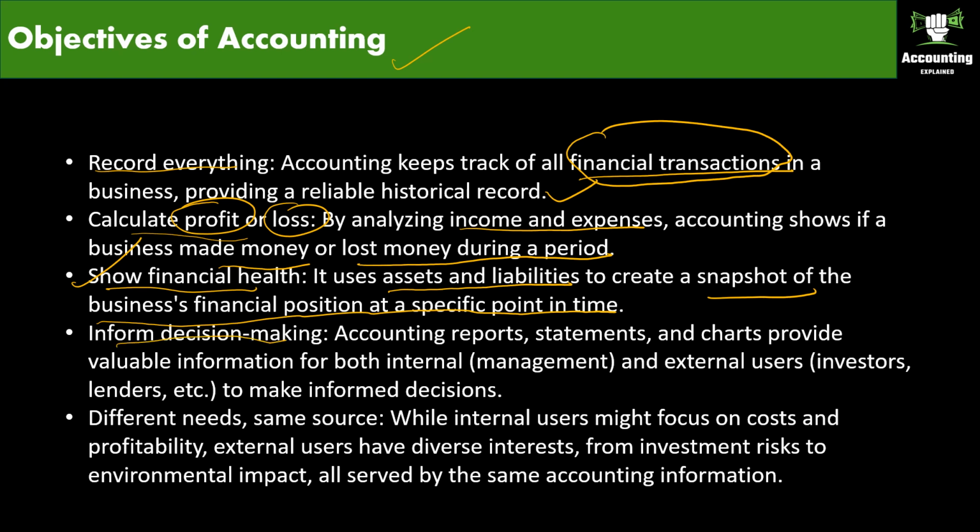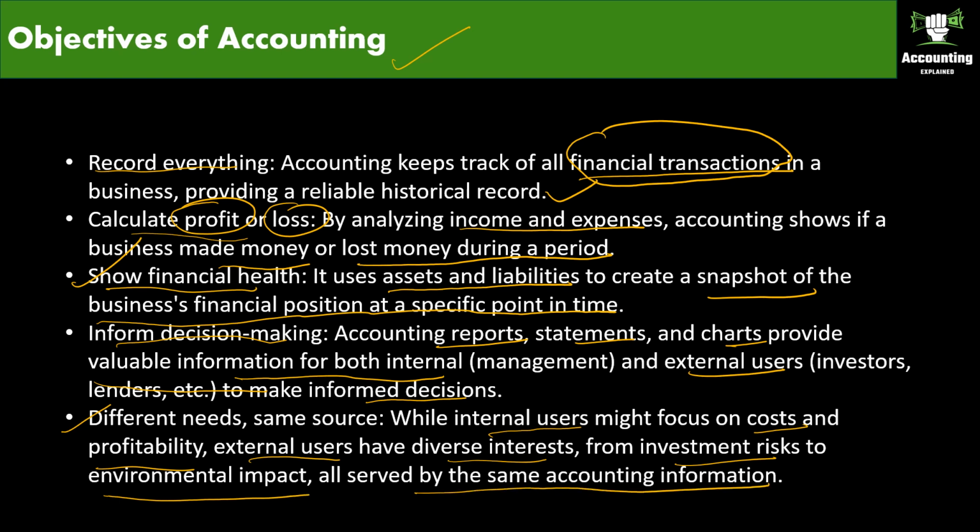Informed decision making. Accounting reports, statements and charts provide valuable information for both internal management and external users to make informed decisions. Different needs, same source. While internal users, that is the internal managers and others, focus on reducing cost and earning more profit, external users have diverse interests, from investment risk to environmental impact, all served by the accounting information.